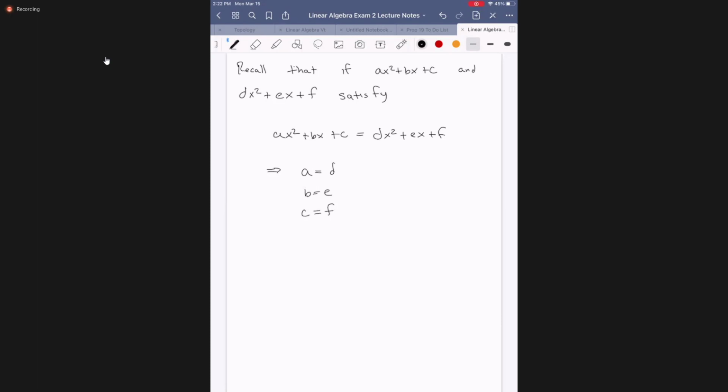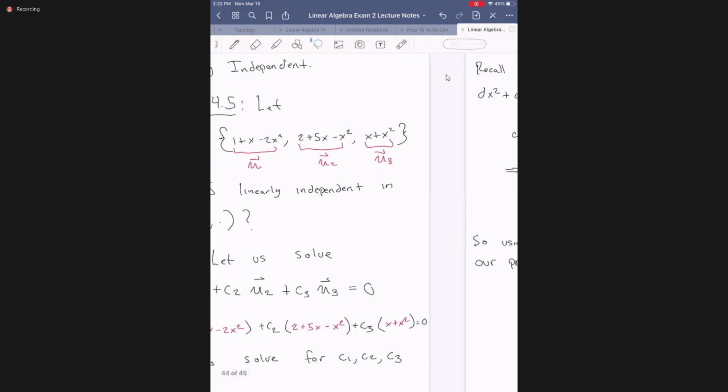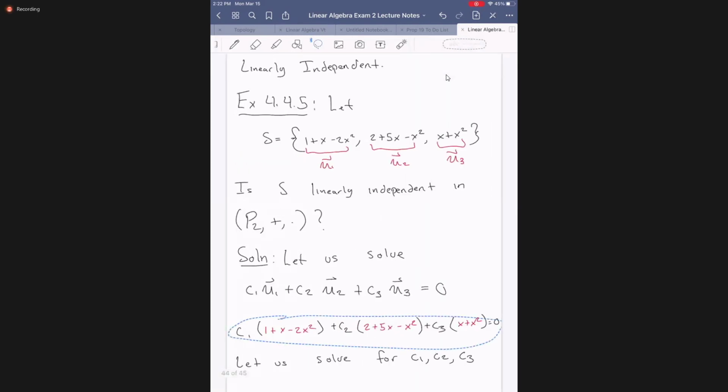How you prove this rigorously is using the vector space properties, but we're not going to do that. We're going to use this fact to help us solve for our c's. So using this fact, let us solve our problem.